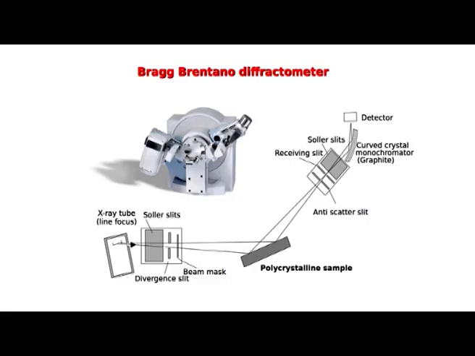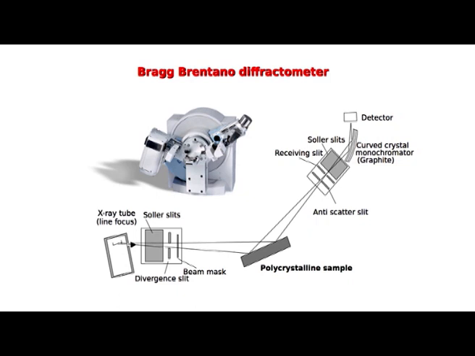That was the basic cartoon to understand how a powder XRD spectrum works. But for practical purposes, various other geometries have been proposed. The most important of them is the Bragg-Brentano geometry, and within it we have the theta-2 theta configuration.